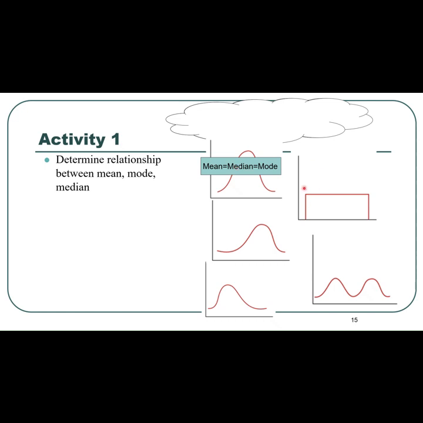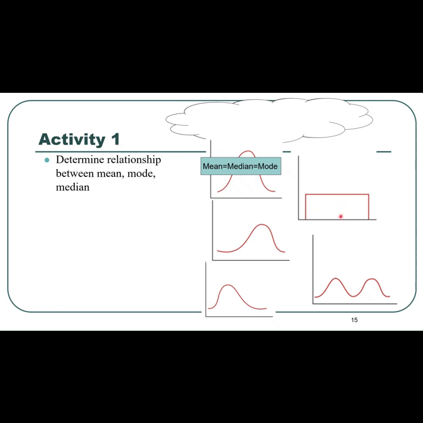For the second one, I have what is known as the uniform distribution. It's a symmetric distribution. Why? Because if you put a mirror line in the center, you will find that the left-hand side of your curve is exactly mirrored to the right of your line.